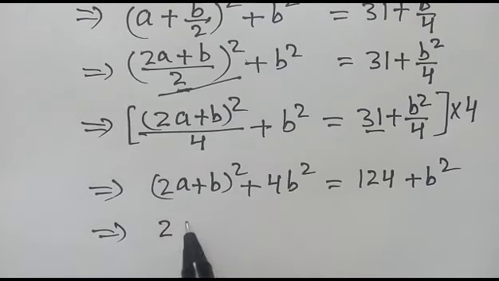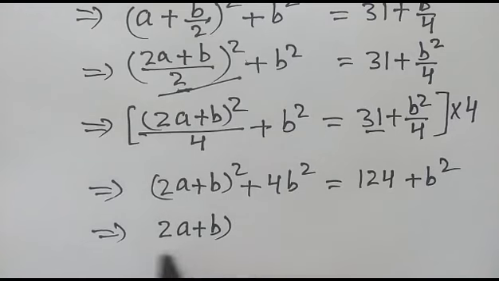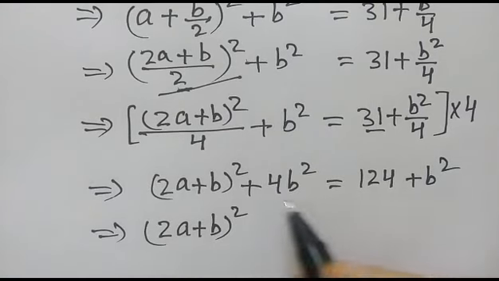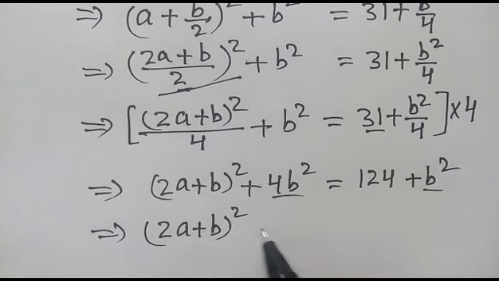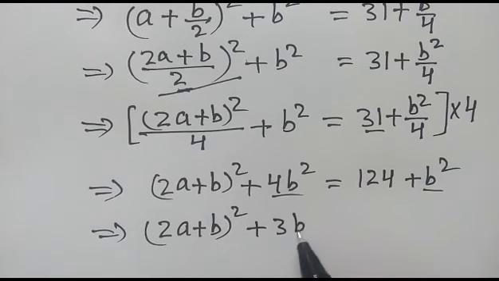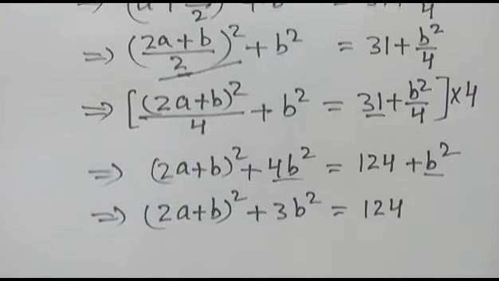Now (2a plus b) whole square, this and this, plus 3b square is equal to 124, right?